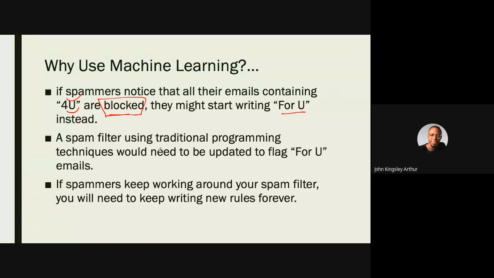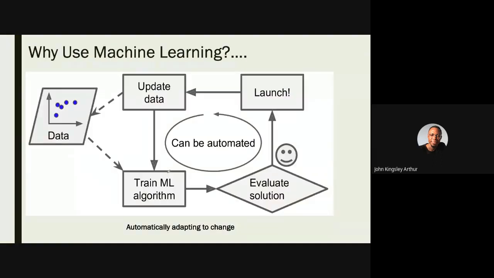A spam filter using traditional programming techniques would need to be updated to flag the "for you" emails. If spammers keep working around your spam filter, you would need to keep writing new rules, okay?